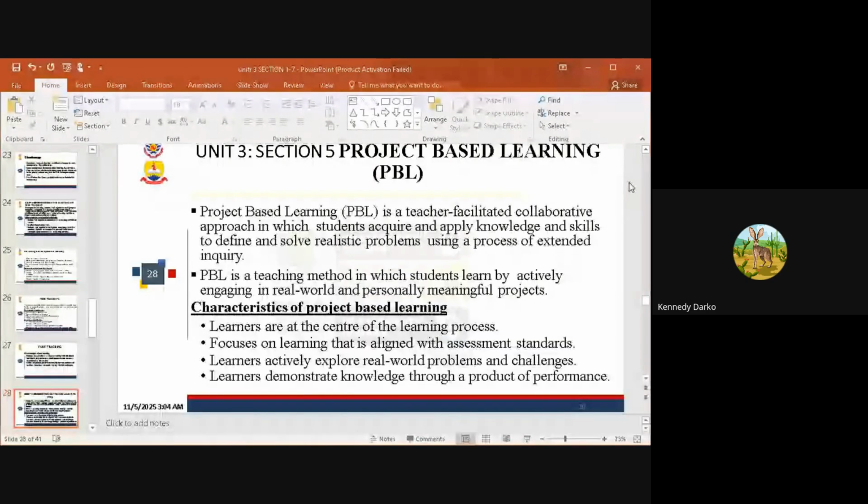The learners are at the central core of the teaching and learning process. Focuses on learning that is aligned with assessment standards. Learners actively explore real-world problems and challenges. Learners demonstrate knowledge through a product or performance. So these are the characteristics of project-based learning.